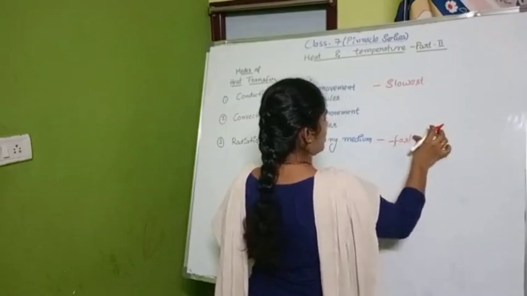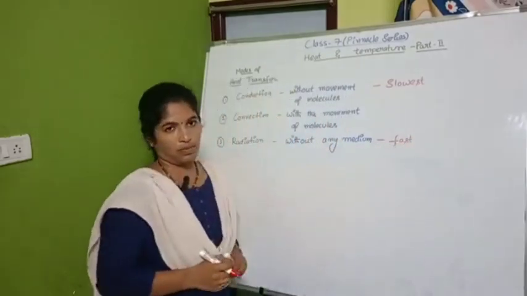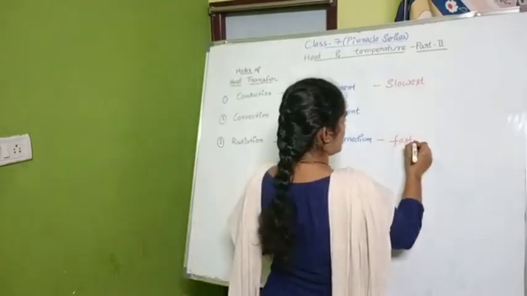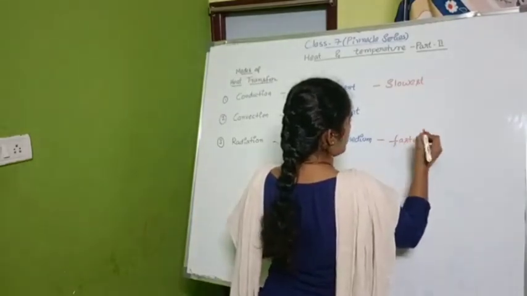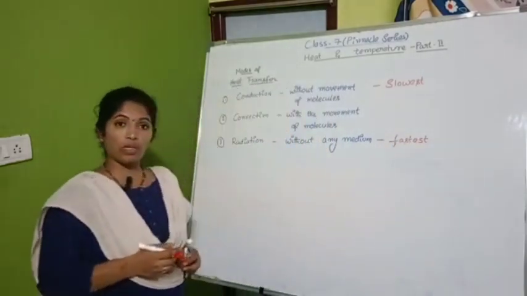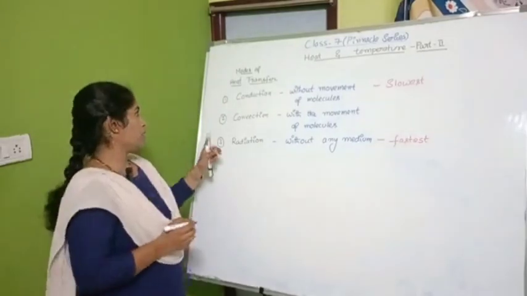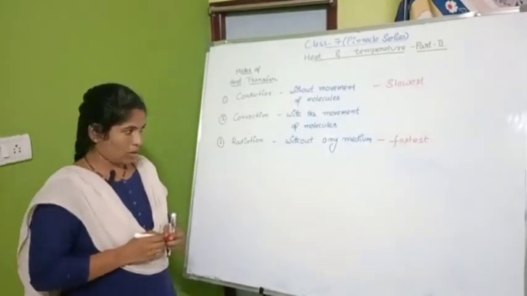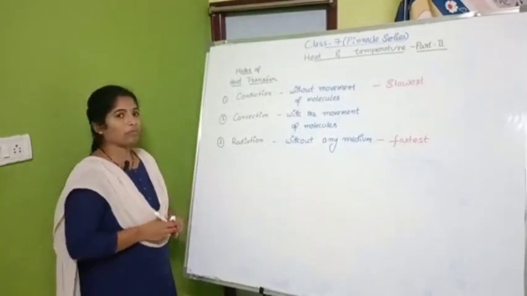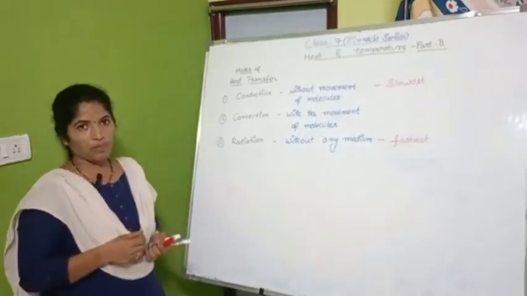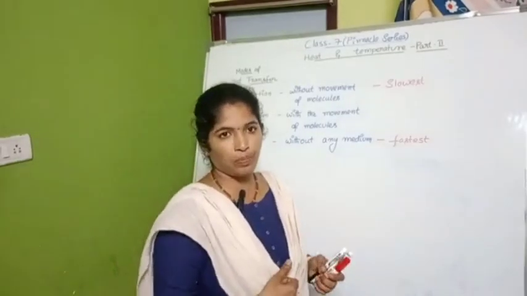Fast or fastest. So what is the fastest mode of heat transfer? Radiation. Which is the slowest mode of transfer of heat? Conduction. Now we will look into the application of conduction, convection, radiation.